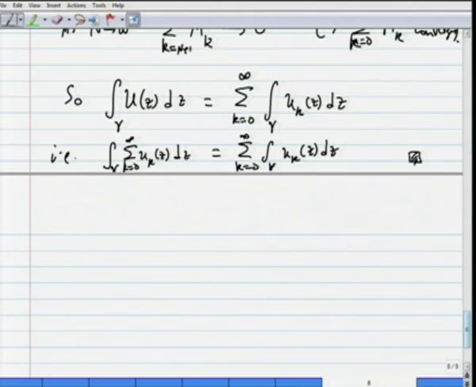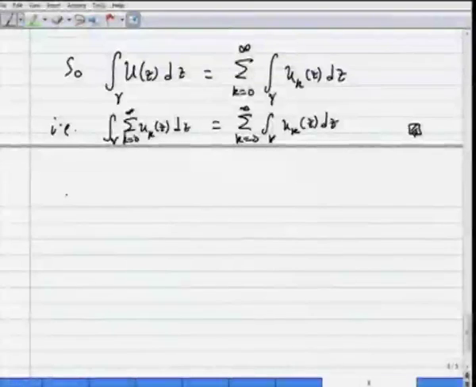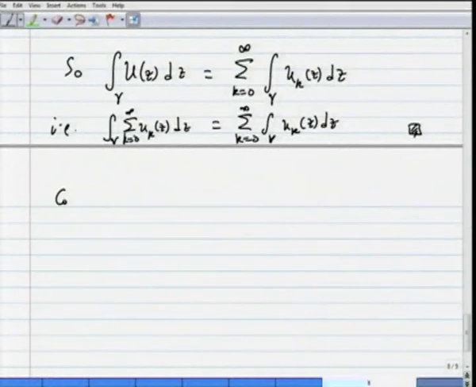And the next result that we will need to prove Taylor's theorem is as follows. This is about the coefficients of power series.